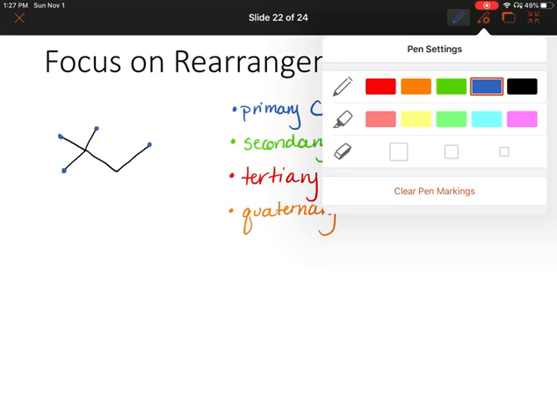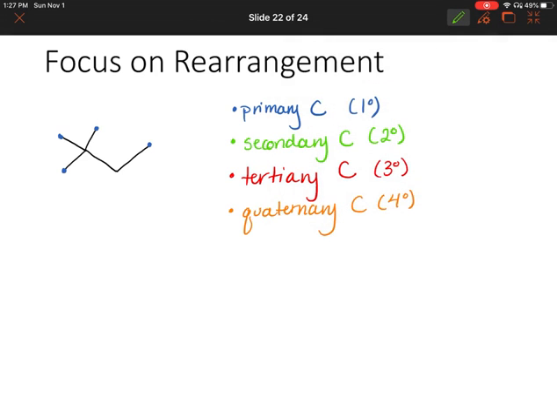What about secondary carbons? Do we have any secondary carbons? And remember, secondary carbons are bonded to two other carbons. So the only secondary carbon I see is right here. So that one's bonded to two other carbons. Do we have any tertiary carbons?